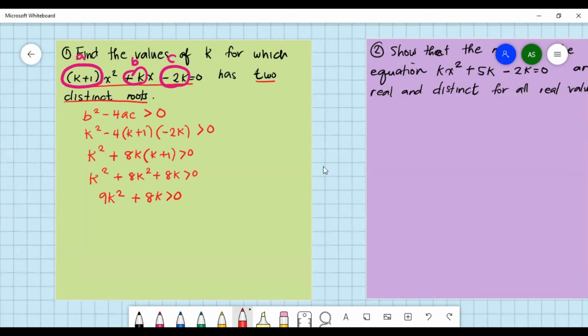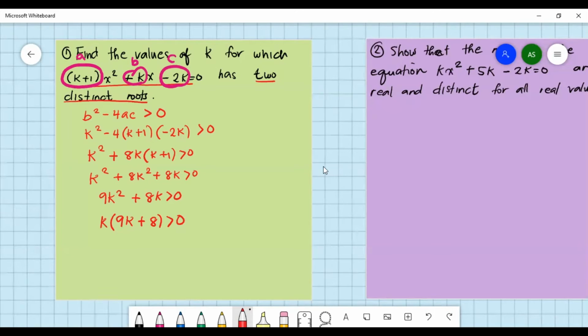Now this is a quadratic inequality. How do we do this? For 9k squared plus 8k, we can factorize out k, and that will give us k times (9k plus 8) is bigger than 0.